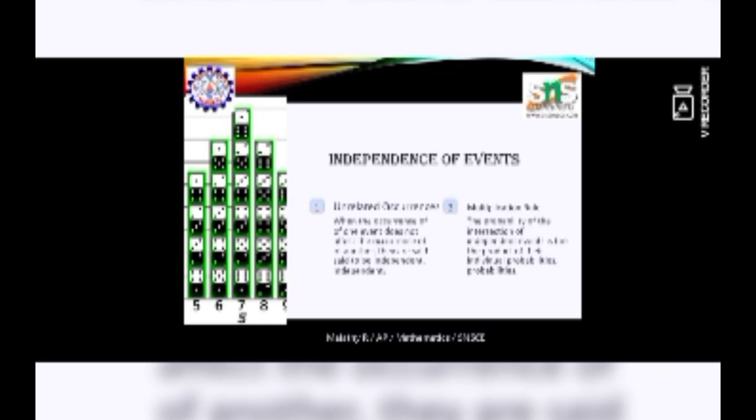So based on the attendance, the faculty will not stop their classes. So this is the perfect example for an independent event. One thing not depending on another thing is called an independent event. Next is the multiplication rule. The probability of the intersection of independent events is the product of their individual probabilities.